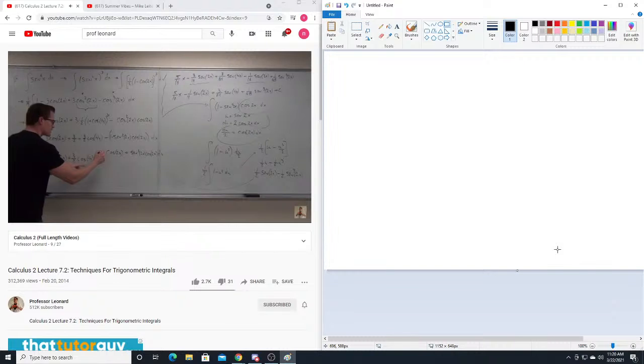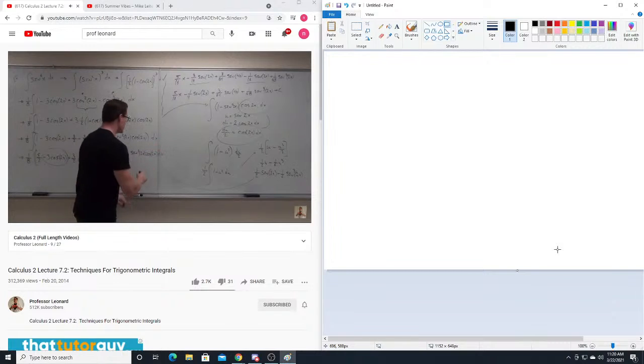So this one would get combined with this one right now. This one is what you do over here. You do the u sub on sine. You get du equals 2 cosine 2x dx. You get du over 2 equals cosine 2x dx. This is what would match right here.